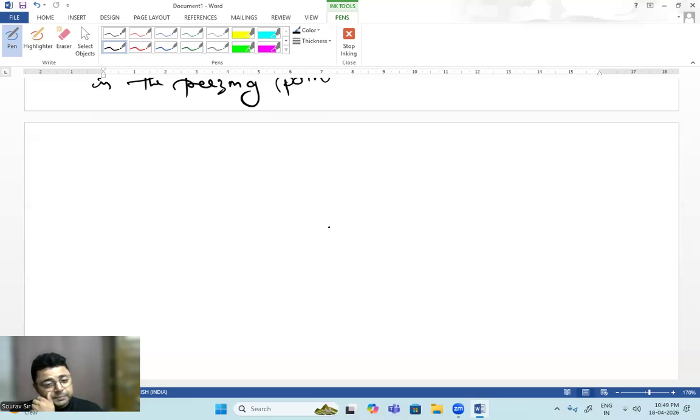Now, this is the vapor pressure in the liquid state, and one vapor molecule is also pressing over the other vapor molecules.